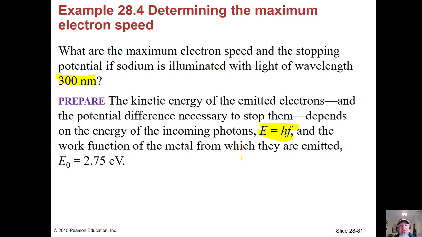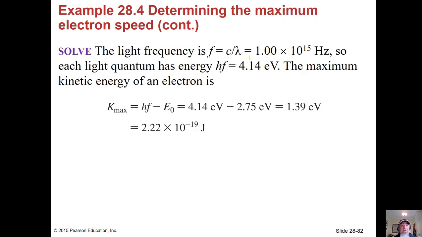So whatever is left over, again, after the work function goes into the kinetic energy. And it says, you know, what's the maximum electron speed? Well, we can figure out the kinetic energy and then use what we learned in physics 220 to figure out how fast the electron will be moving.